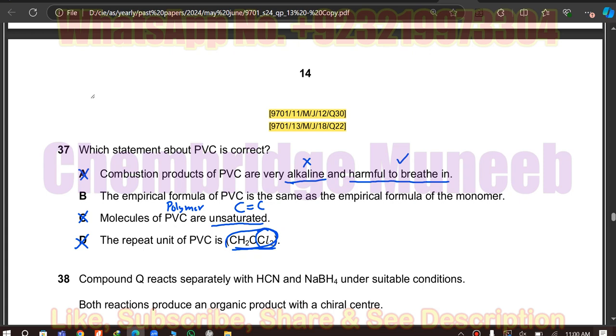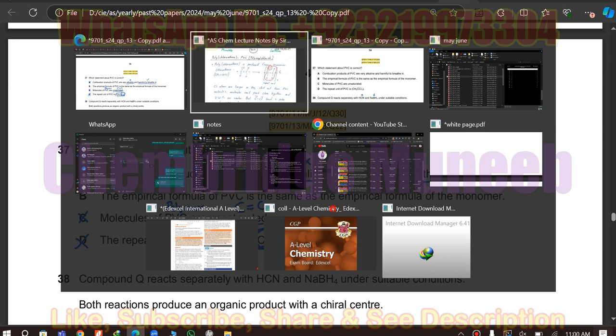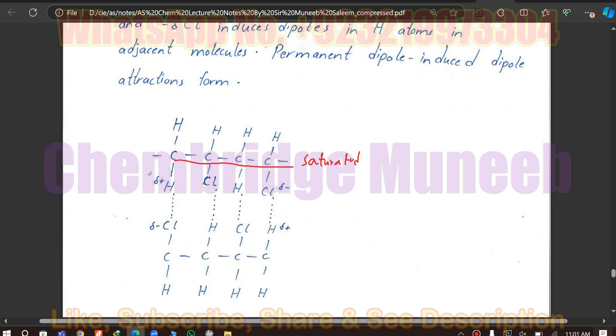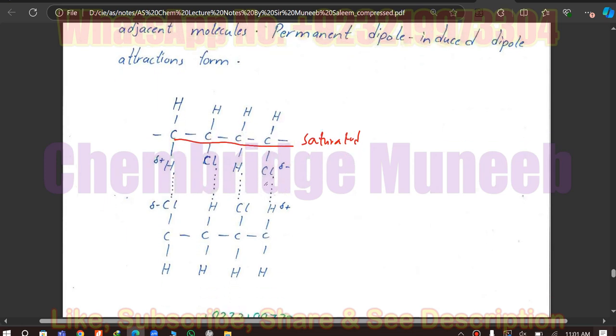And option B says the empirical formula of PVC is the same as the empirical formula of the monomer. So yes, that is correct, because the empirical formula of the monomer comes out to be C2H3Cl. That's the empirical formula of the monomer, and the same goes for the polymer of this vinyl chloride.